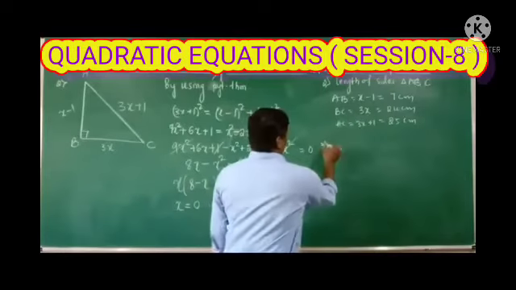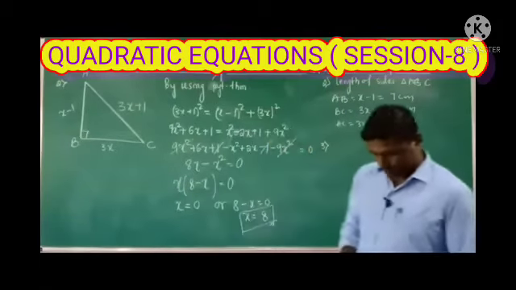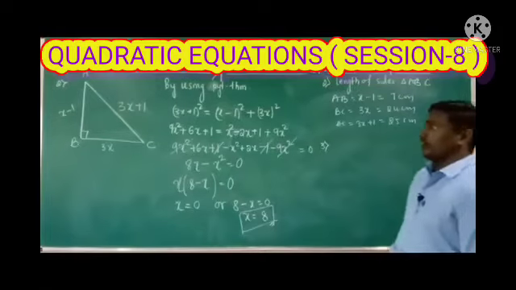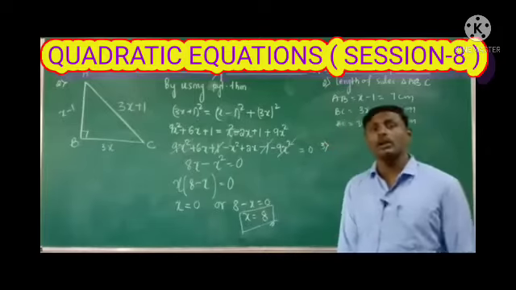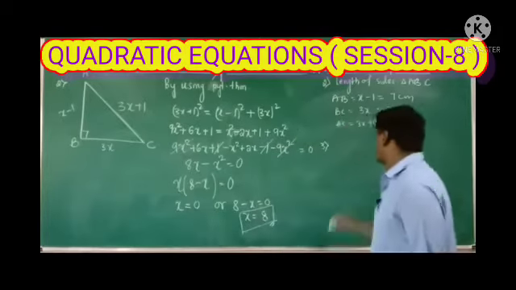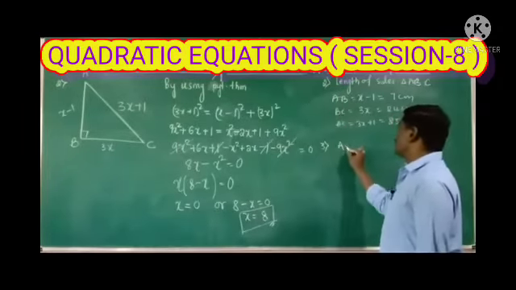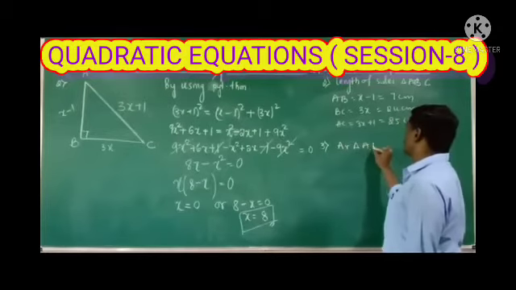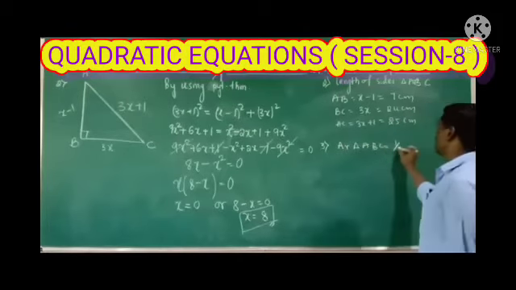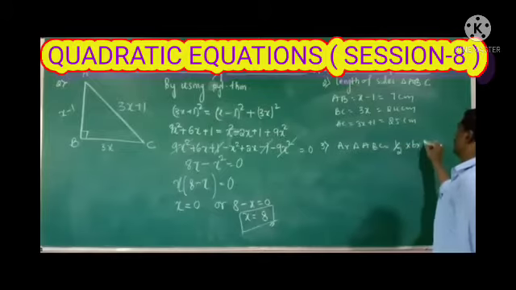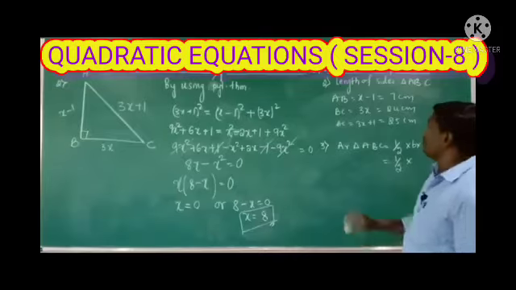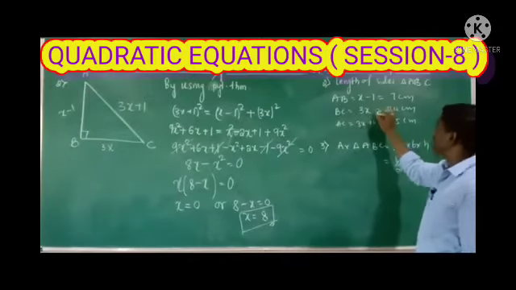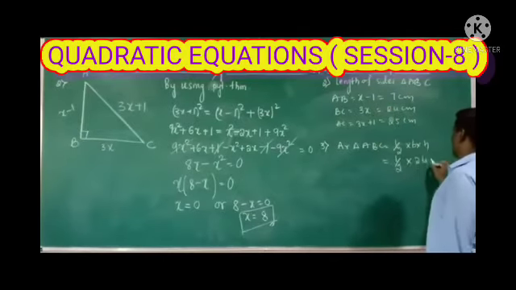Now the third one, what we need to find is the area of the triangle. The area of a right angle triangle is calculated using the formula half into base into height. So area of triangle ABC is half into base into height. Half into base, BC is the base, so 24.